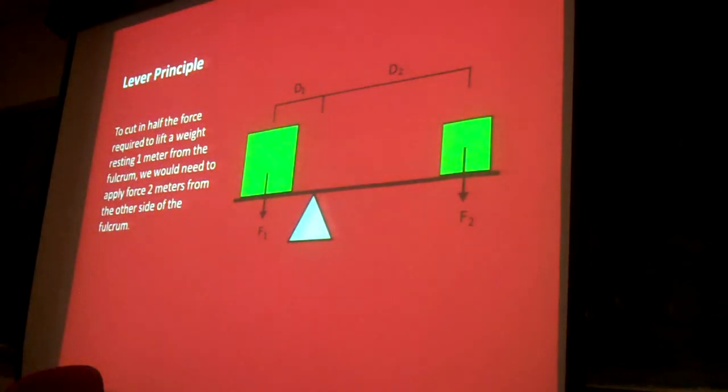The lever principle, I'm not going to hit this too hard, but I might give you an example of a joint or something and ask you to think about what type of lever it is. Do you want to ask a question? I haven't grasped this lever stuff. Believe me, it won't be more than one question.